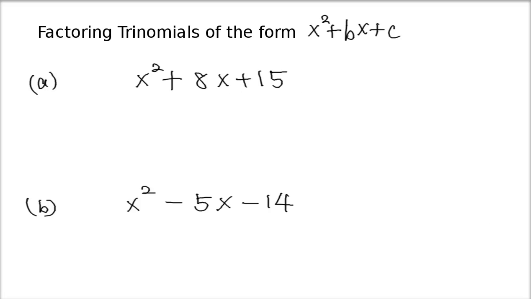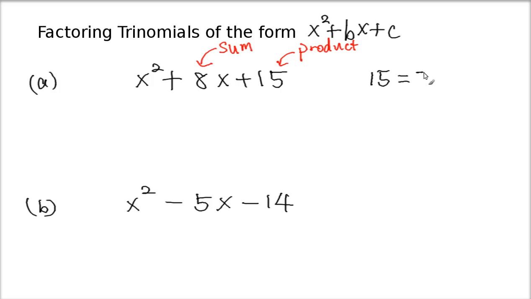The key to solve this type of question is to look for a pair of numbers whose sum is the number in the middle and whose product is the number at the end. So the way to find such a pair of numbers is to factor 15 out as a product, express this as a product of two numbers.